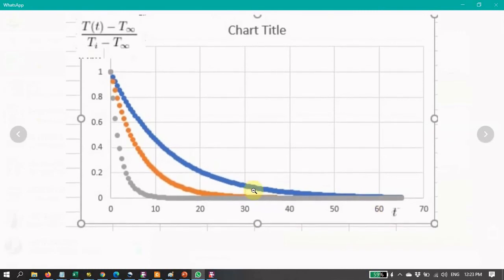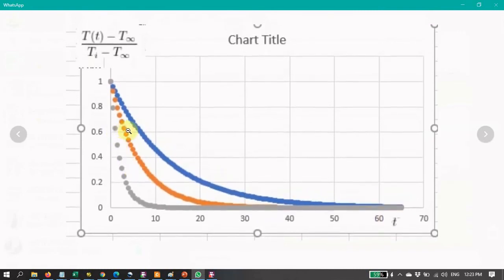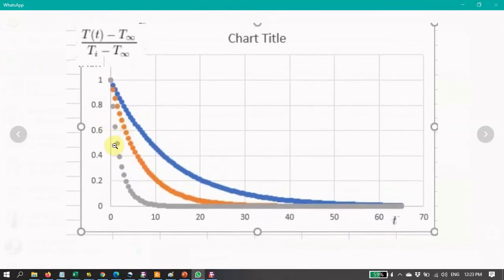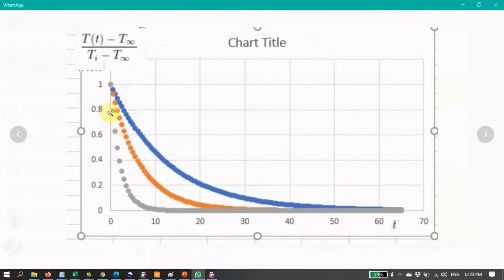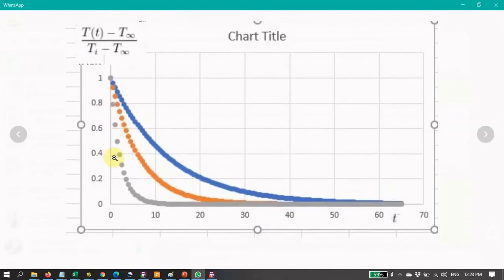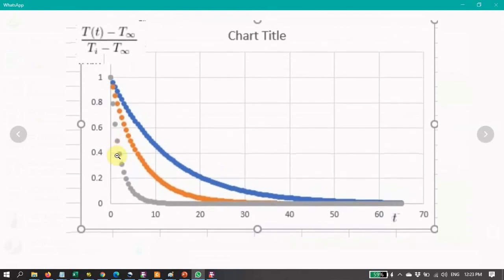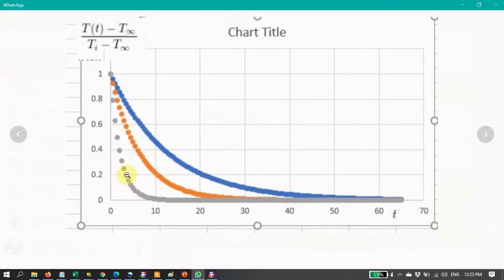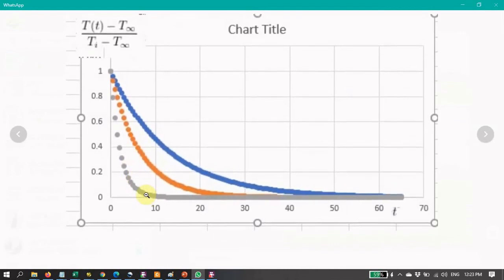So you can see the differences between the points when the thermocouple is first immersed inside the fluid, the temperature change is quite large. We can see the differences. But as it goes to the final temperature, the rate of temperature change becomes small, and you can't see any differences between measurements, right?